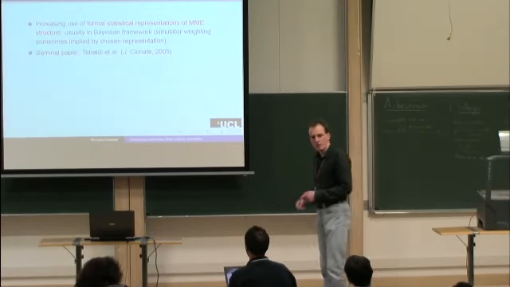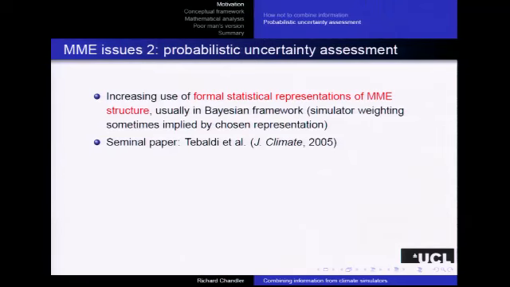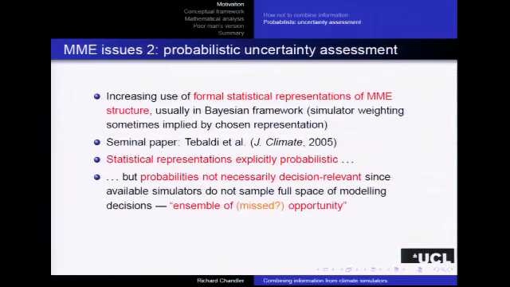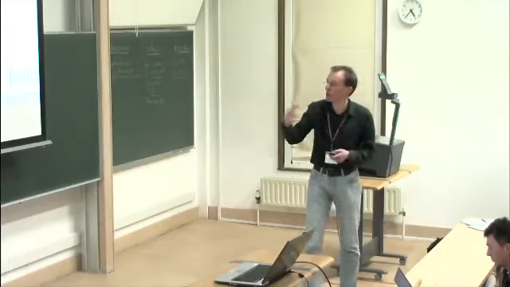There's another issue about probabilistic uncertainty assessment for multi-model ensembles, which arises from another thing that David touched upon in his talk. The available climate simulators, in particular the GCMs, don't sample the full space of the simulators that we might have developed if we had lots and lots of resources.